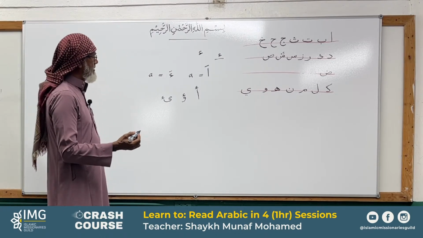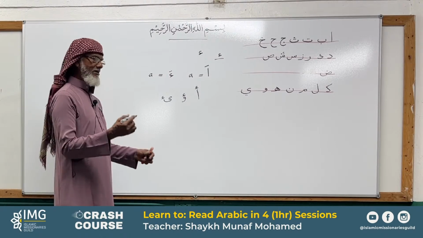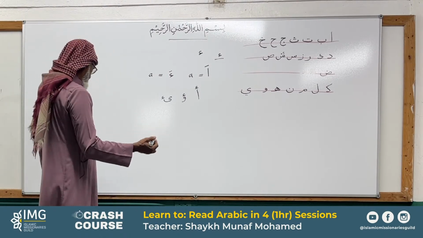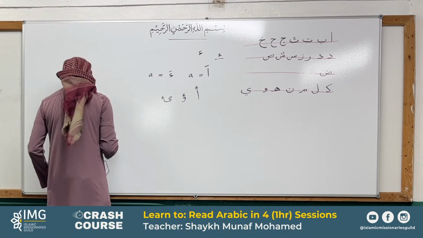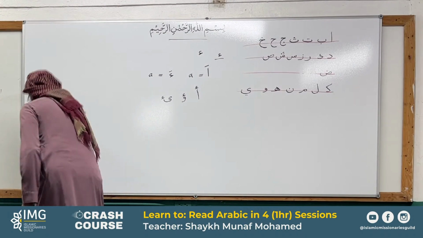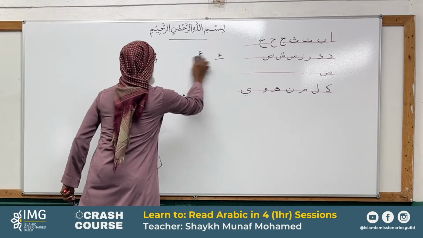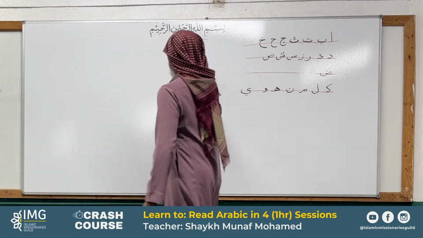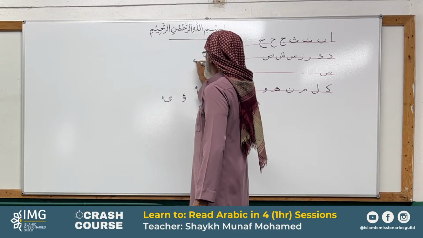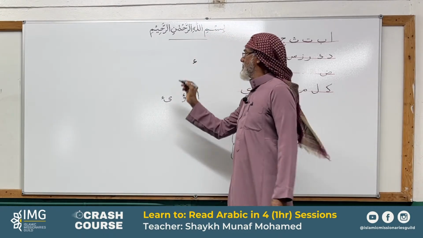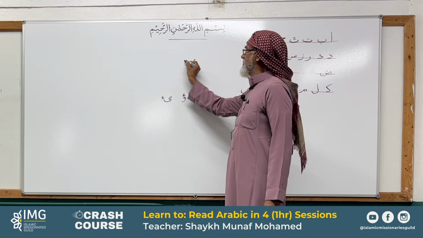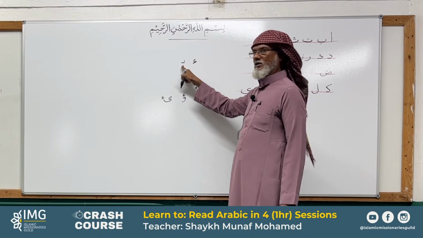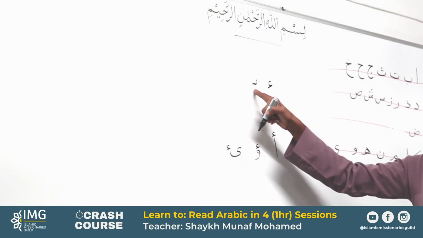So if you look at the different ways the Hamza comes about in various words, you could either see the Hamza standing all by herself, like this. That's one way. Another time you might see it on a little chair there. This shape, just like the ba, ta, tha, noon, and ya.